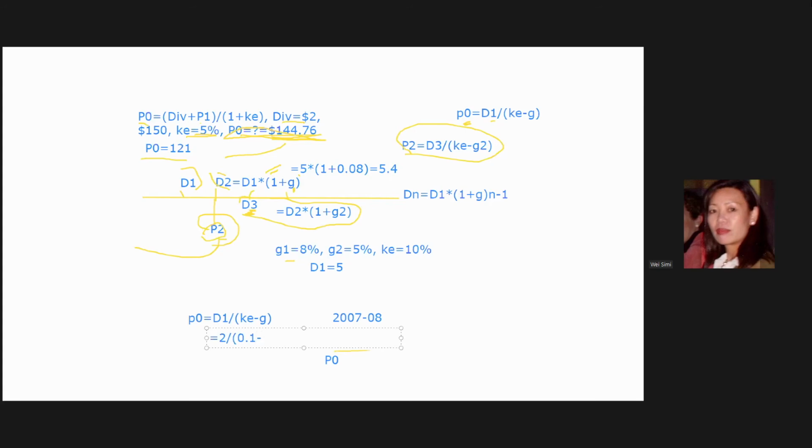Before, the growth rate is at 0.5. Now you tell me it has dropped.